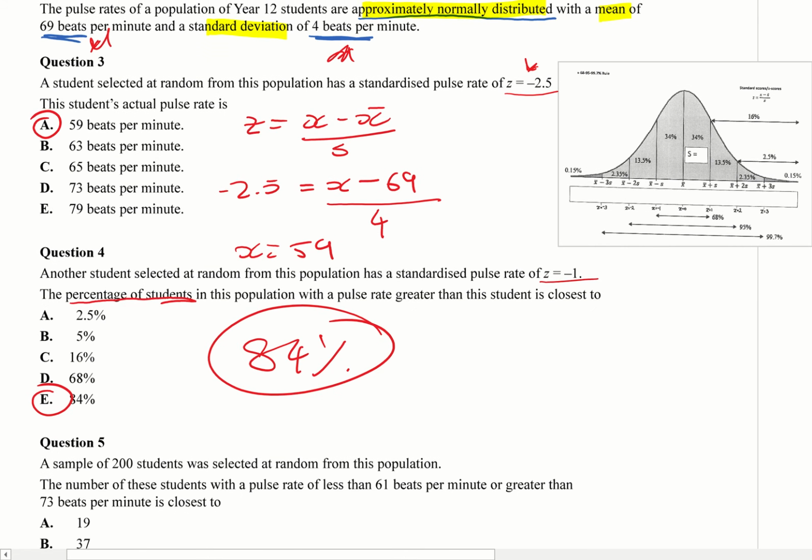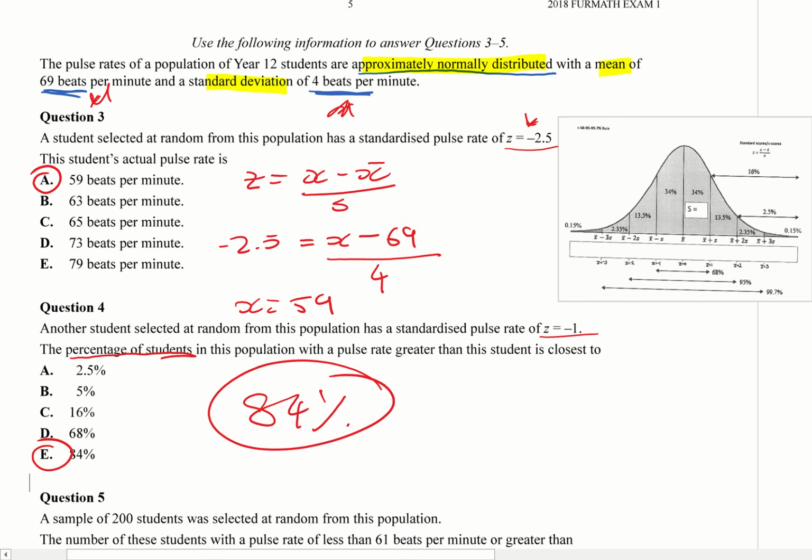So let's have a look at this. Our mean, remember, is 69. We go 4 each way. So 69 minus 4 is going to be 65, and that's going to be 61. If we go up the other way, we're going to get 73 and 77.